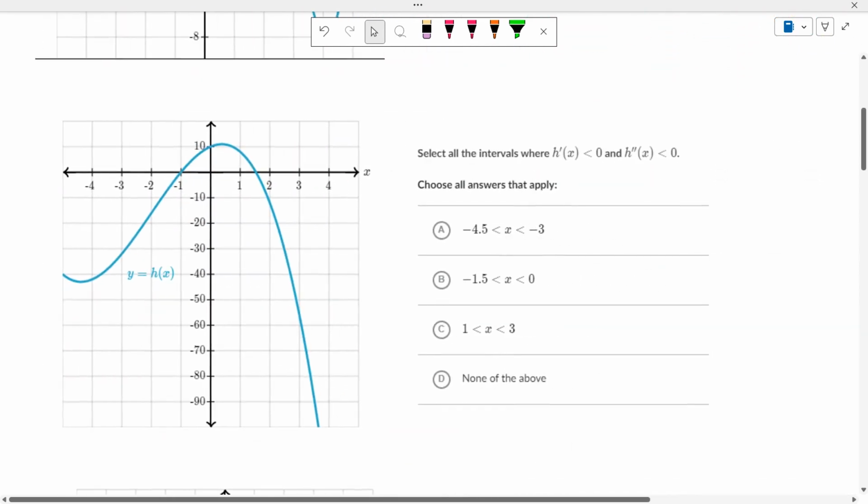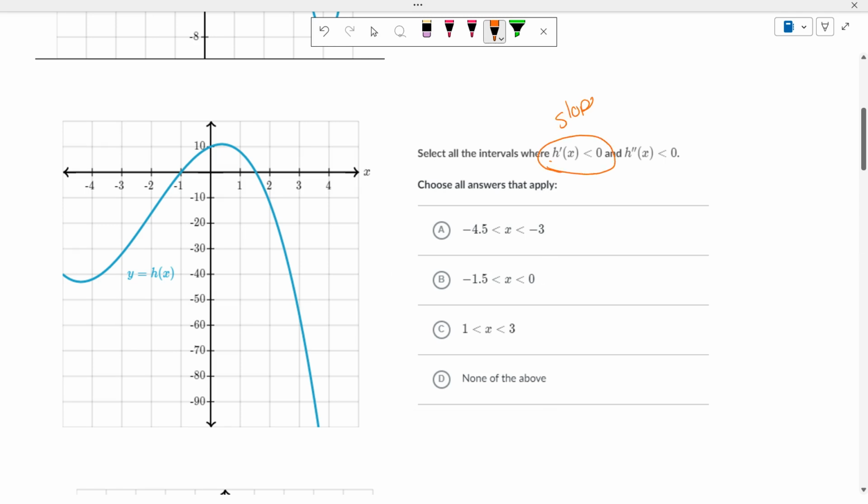So here it says, where is the first derivative negative and the second derivative negative? And you're going, how can I tell just by looking at the graph? Well, when the first derivative is negative, that's when the slope is downward.